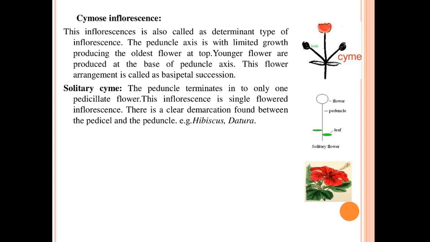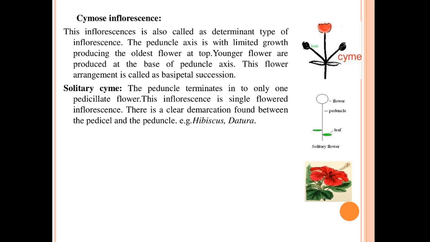The most common example of this, which you may have seen, is jasmine. So, mogra, you might have seen. When you try to pluck it from the plant, it is in a group of three. So, the bigger one at the top, and two younger ones following that bigger one.